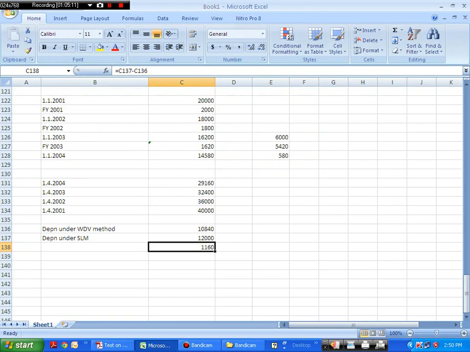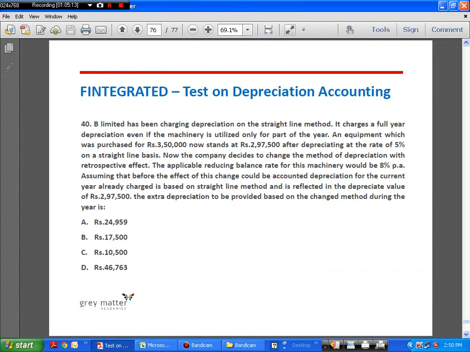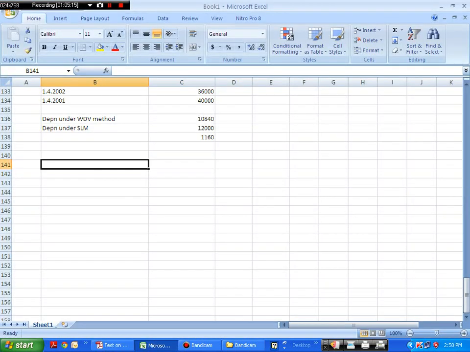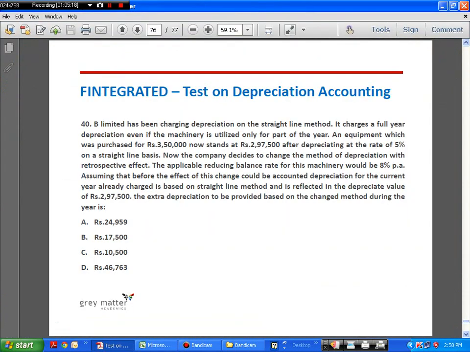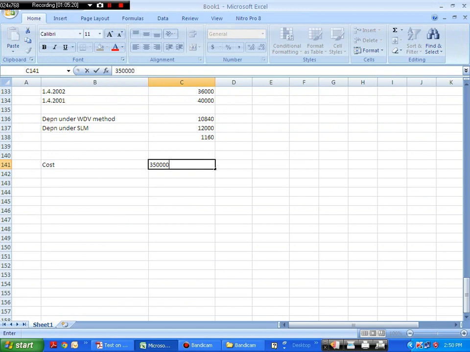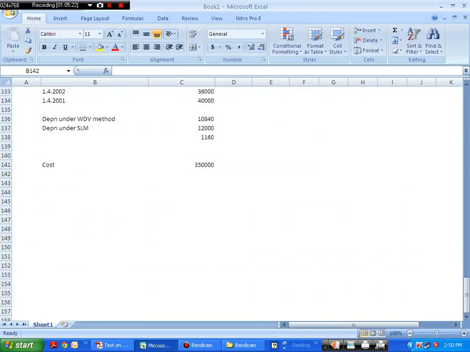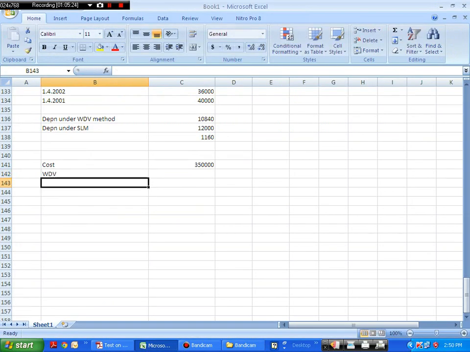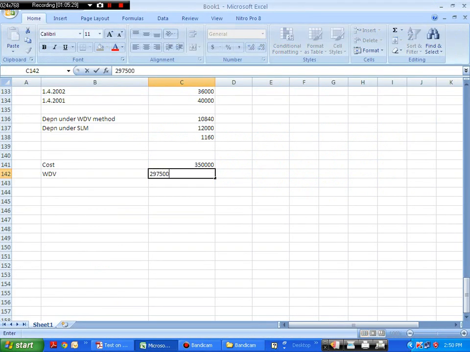Okay. So here we know that the cost of the asset that was purchased is 3,50,000 rupees. Okay, and it is now standing at WDV, or the book value of the asset is 2,97,500. Okay, which means the asset has been depreciated totally for 52,500 rupees.